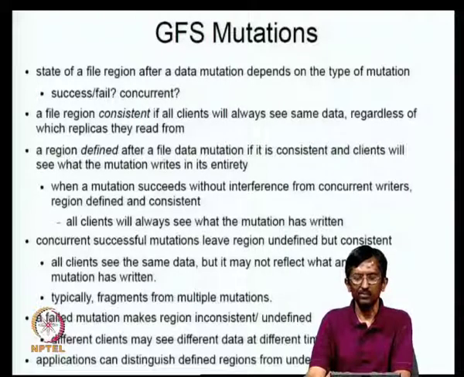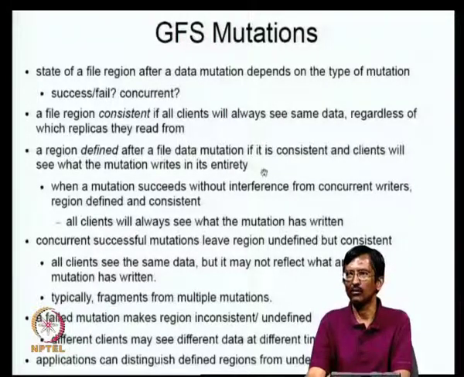Because if there is interference, then what will happen is that different writers will write different portions of the file, and therefore the region may not be complete, though the applications can figure out what's going on. Okay. But it is not exactly the mutation written in its complete entirety. Okay.